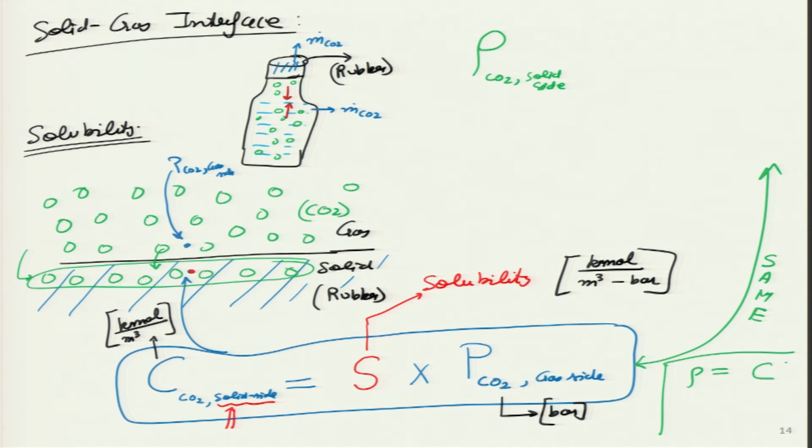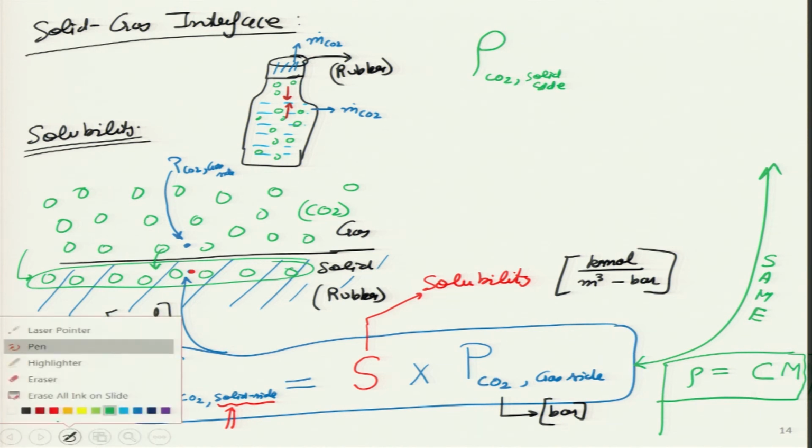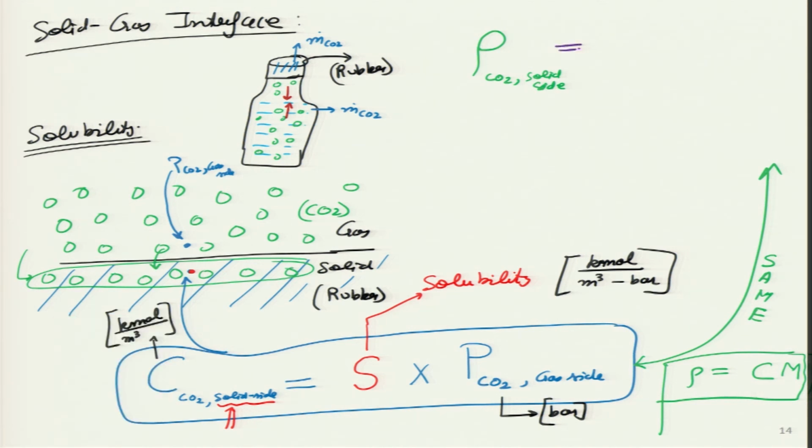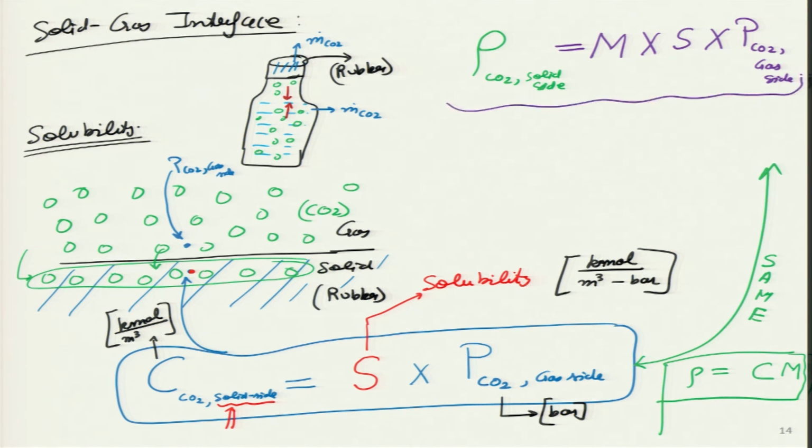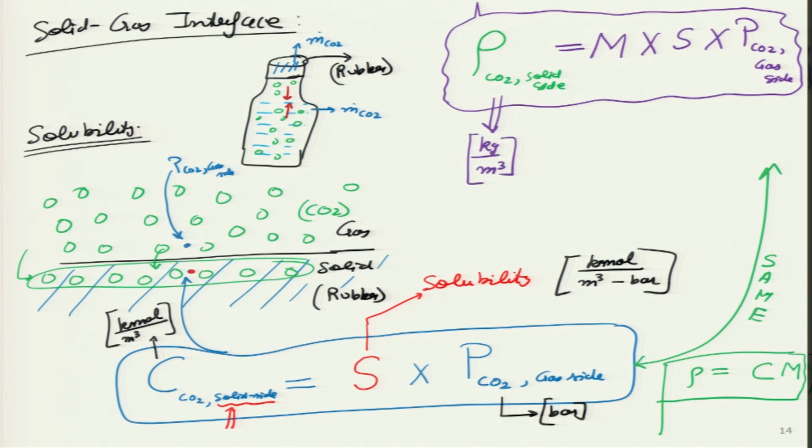If students remember from the previous lecture, we can just multiply it by the molecular mass m, then we can get this particular quantity, which means the equation on the top right hand side is exactly the same as the bottom one, just multiplied by m into S into P CO2 gas side. So, here everything has the same units, except for density it will turn out to be kg per meter cube over here.